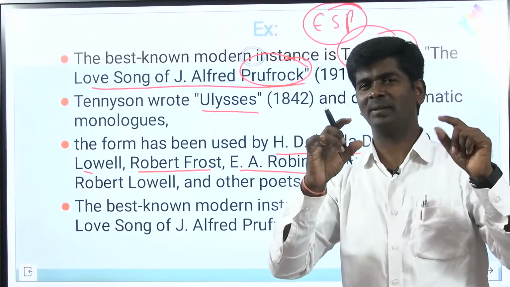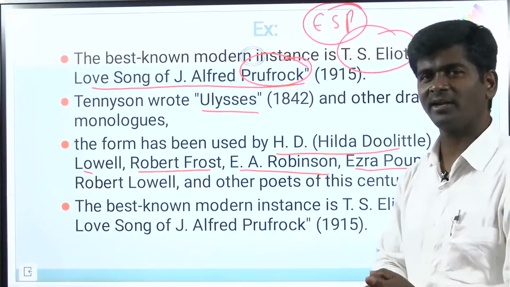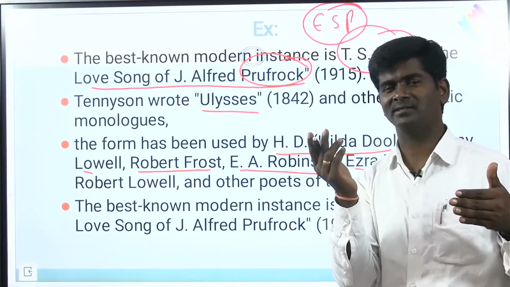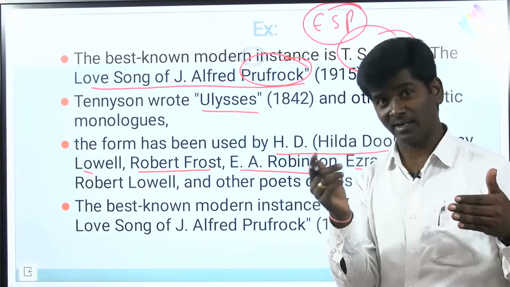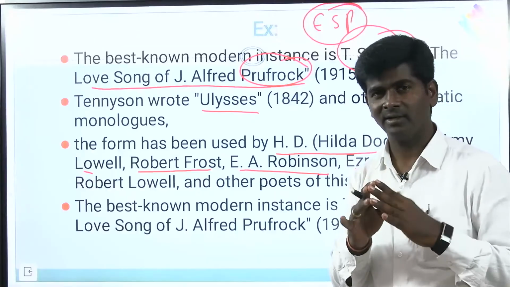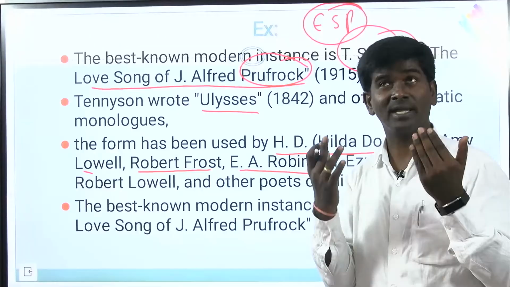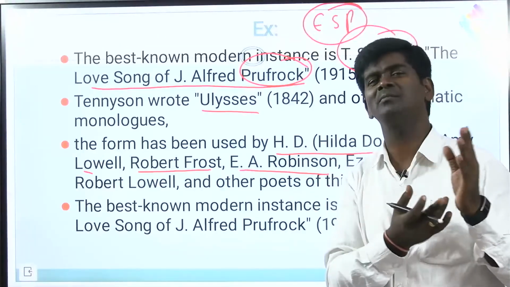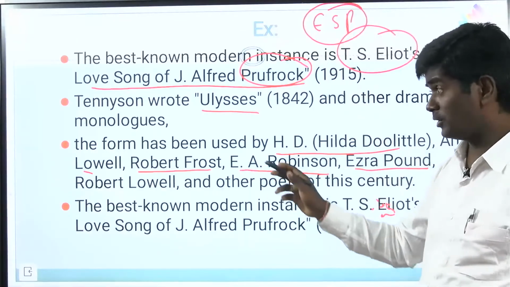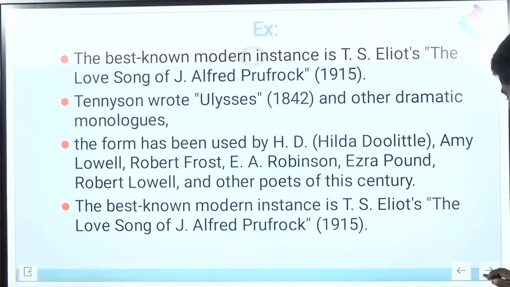So I have a code for them, ESP: Eliot, Stein, and Ezra Pound, close friends from America, who traveled to Paris, were unable to adjust, and came back to London. Eliot adjusted, and the remaining two went back to America. Eliot became a Nobel laureate, and the remaining two became ordinary poets.